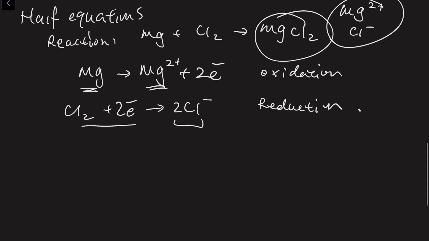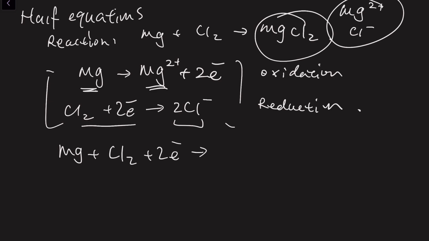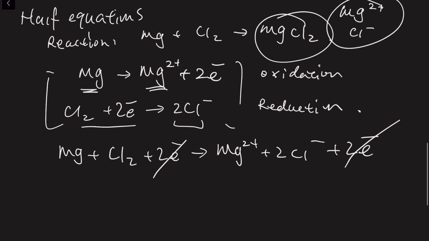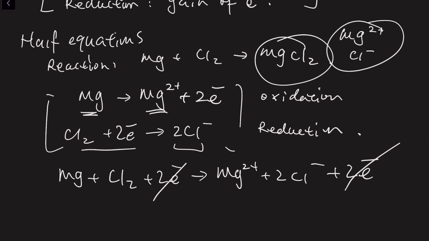And if we combine those two together by basically add them up, we see that the electrons cancel out. So there's actually no electron involved in the complete equation. That's why half equations are very important.